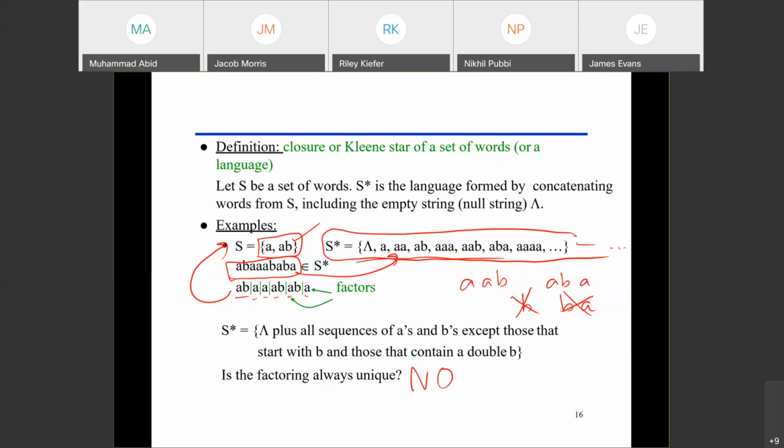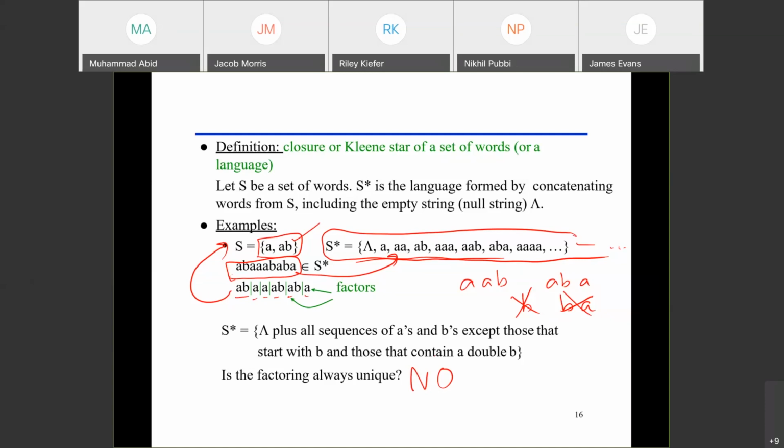So then the Kleene star of this is the set of all words made up of the words A and AB. Made up of the letter A and letter AB.